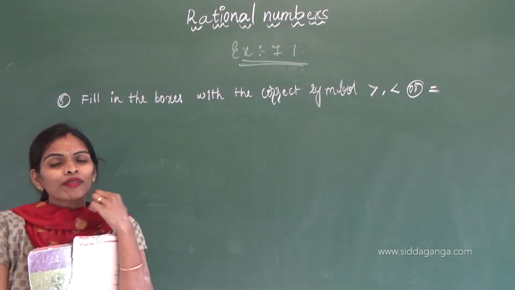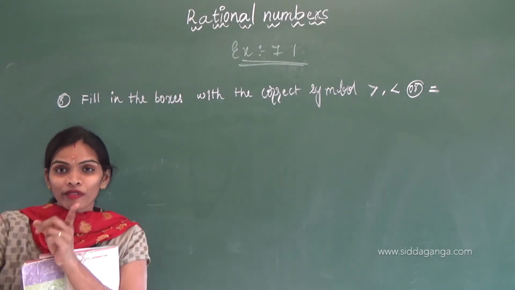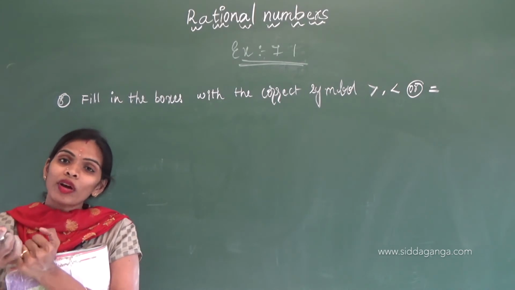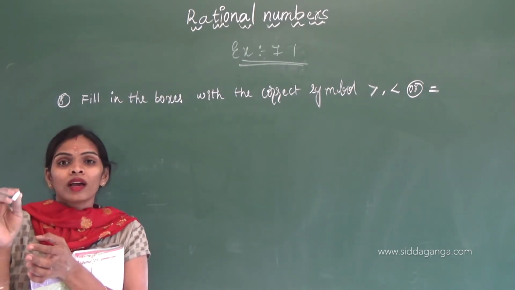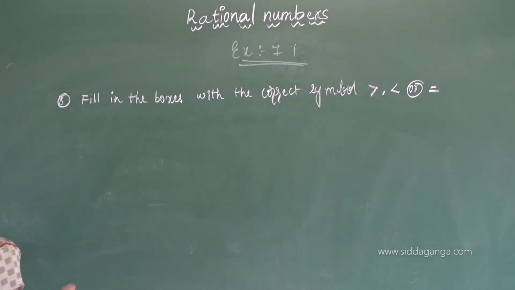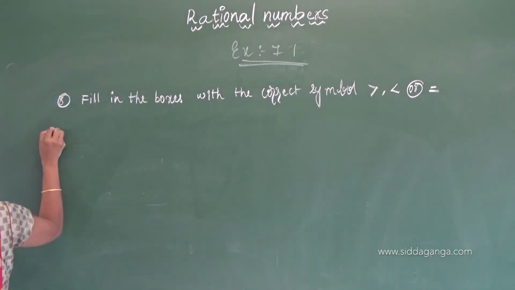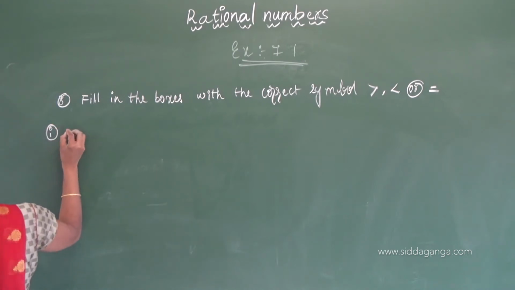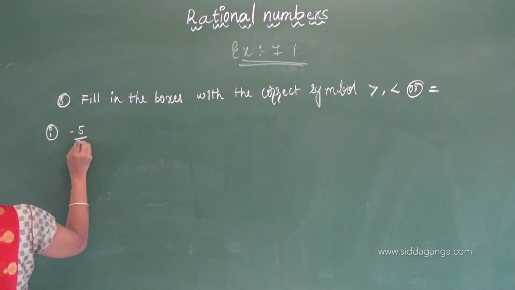Here they are giving some rational numbers and they are putting one box also. We have to put the less than or greater than or equal to symbol. Minus 5 by 7.